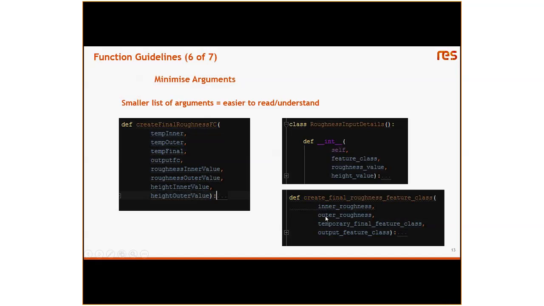And similarly, outer roughness would give access to the temp outer, roughness outer, and height outer. So you've gone from 8 to 4. You've halved the number of arguments. And hopefully you'll agree that that would probably be easier to understand when you're making a call to the class. And also within the class, it would probably be easier to understand that you've got 3 values that are referring to specific roughness details.